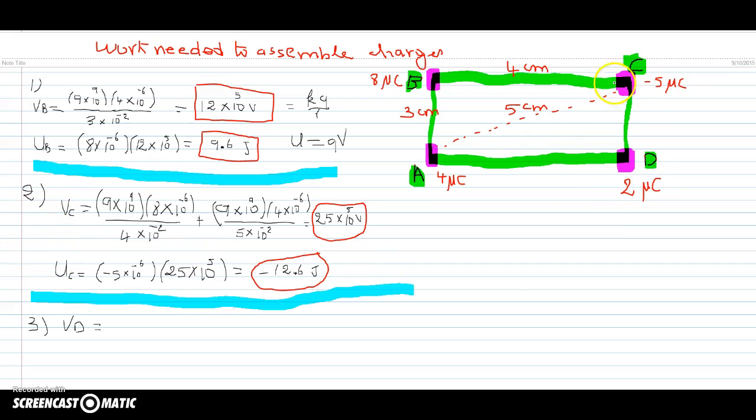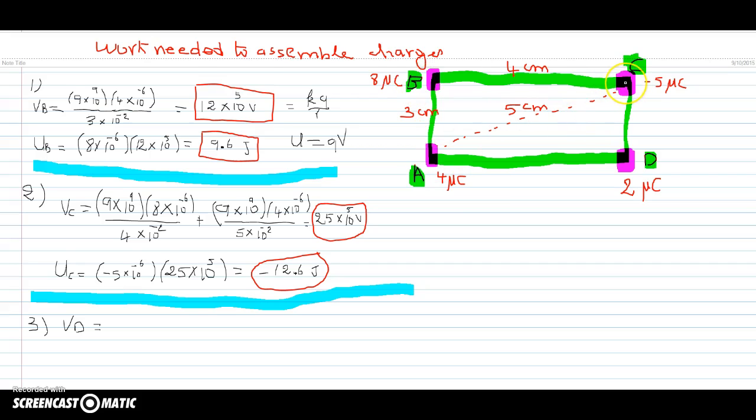VC, the voltage here because of the 8 and 4 micro, would be the constant times the charge over the distance, plus the contribution of these, constant times the charge over the distance, 5 centimeters. And I find 25 times 10 to the 5th power volt. This is the voltage at point C, I call it VC, due to the charges at B and A.